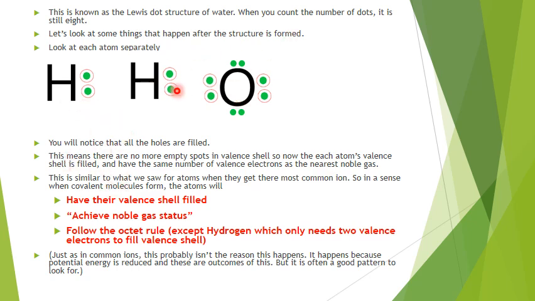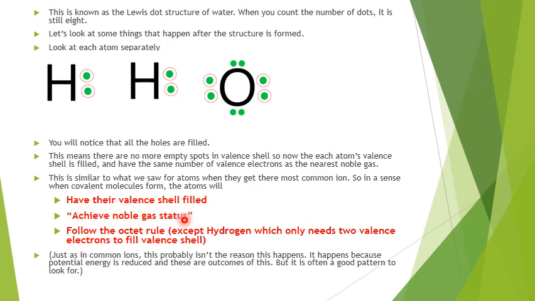So after we bond, typically, and we're going to see that for 121, this will not always be the case, you will have the valence shell filled, which is achieving noble gas status, we say, even though that may not really be the case. It does not achieve anything.